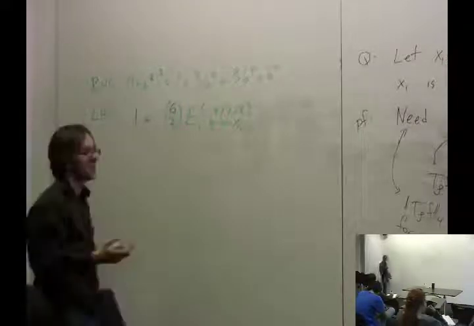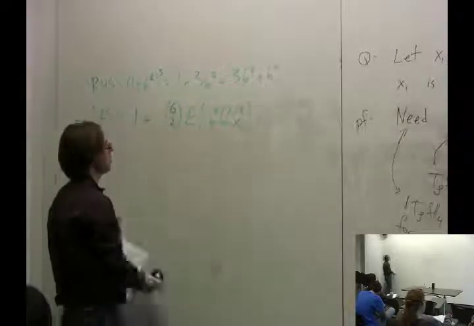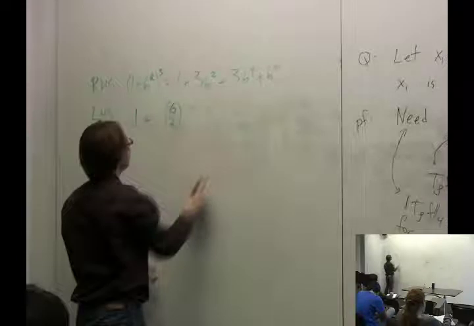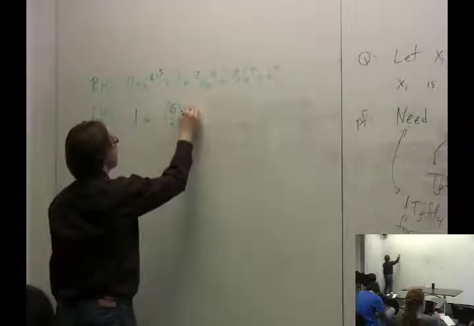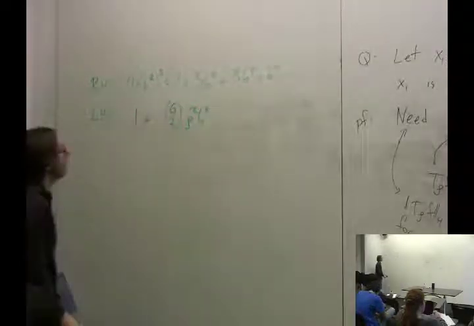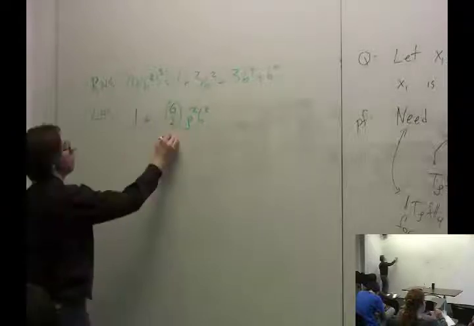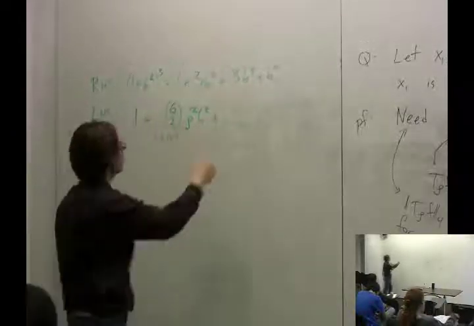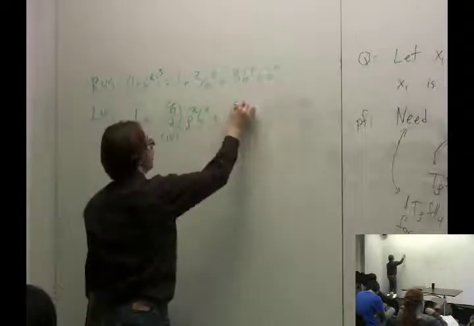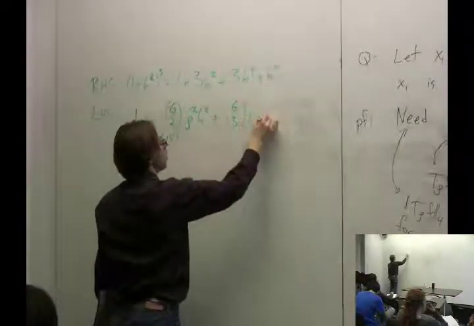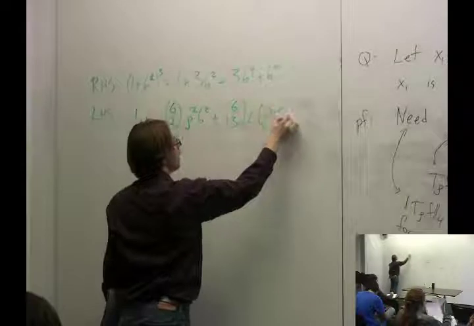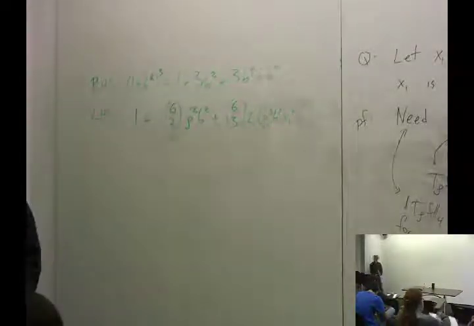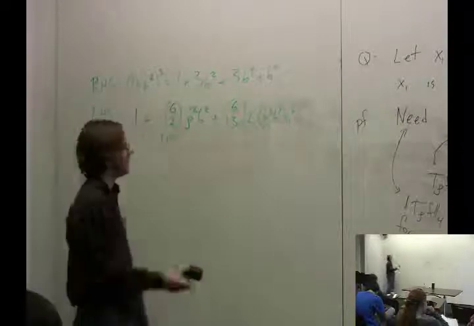well, it's too easy, I guess. x1 squared is just always 1, in fact. So this is just 6 choose 2 times rho squared b squared. This is also known as 15, I guess. Then we're going to get 6 choose 3 times expected value of rho cubed b cubed x1 cubed. But the expected value of x1 cubed is 0, so I'm going to erase it.